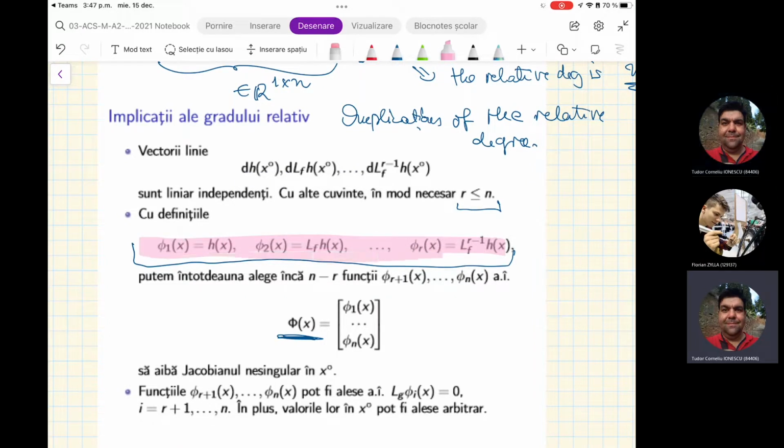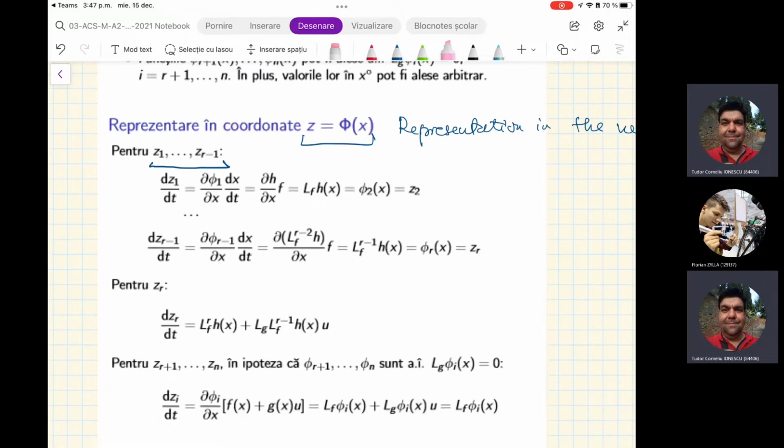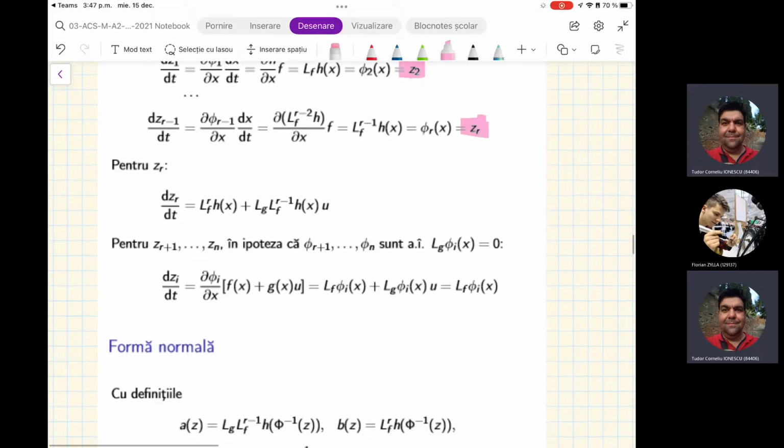If you do the computation, Z1 dot up to Z(r-1) dot are linear equations of this form. So it's like a controller canonical form, if you look. That's what we'll get. And finally, the last one has this form, Zr.